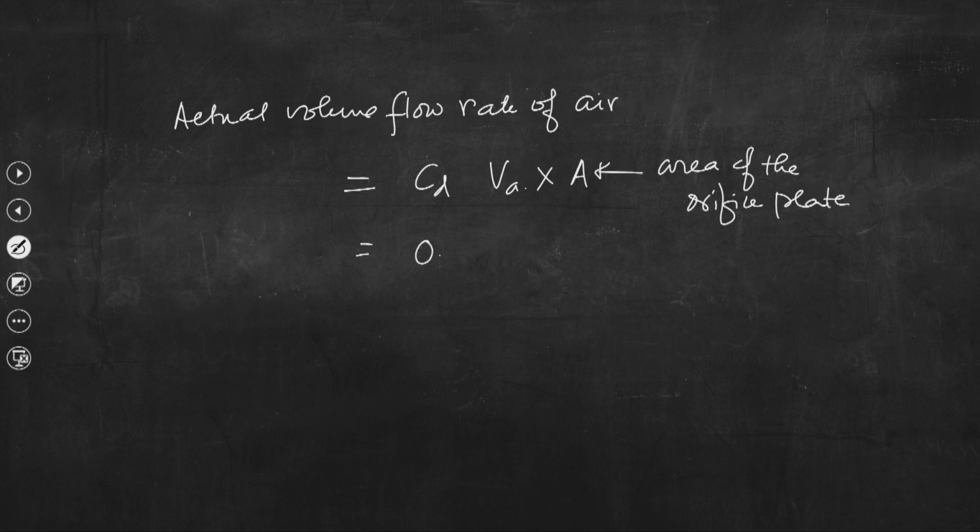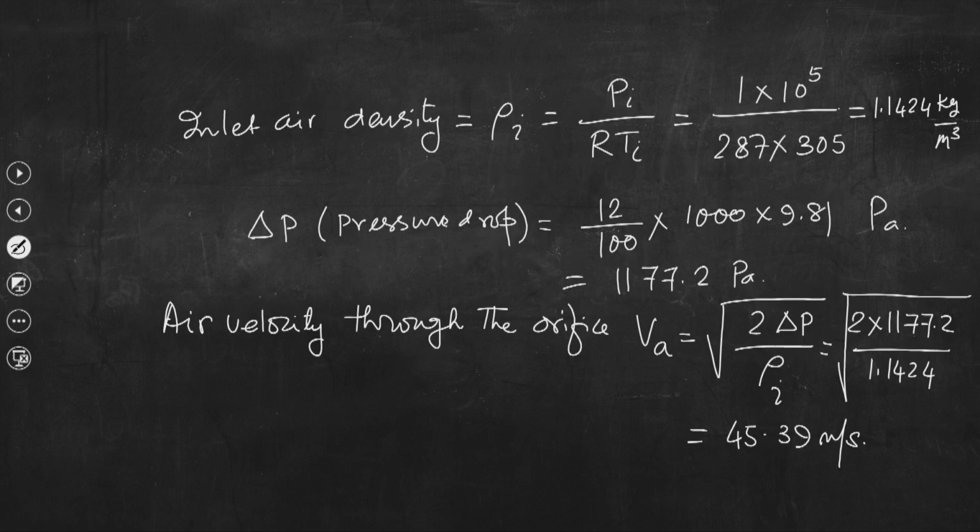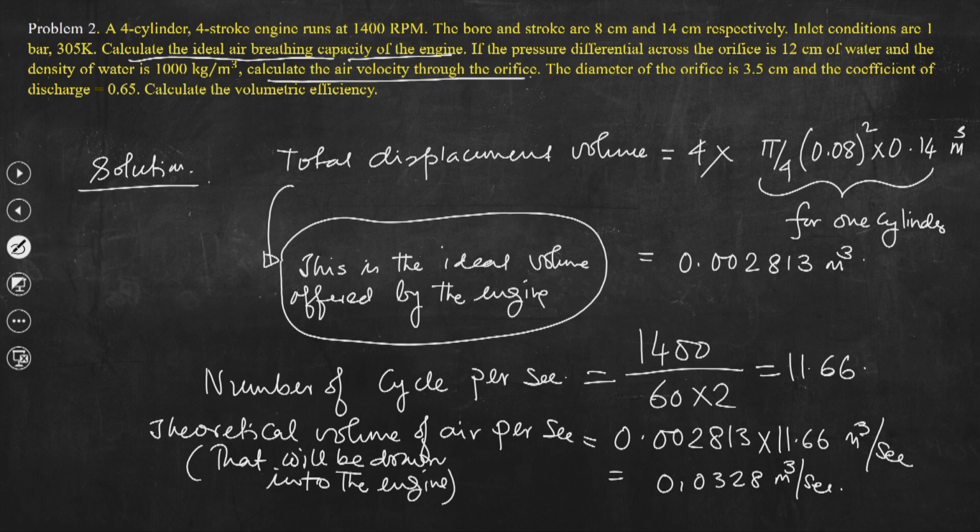CD, if we recall correctly, is given as 0.65, and VA we have already calculated as 45.39, into pi by 4, where the orifice diameter is given in the problem statement as 3.5 centimeter.